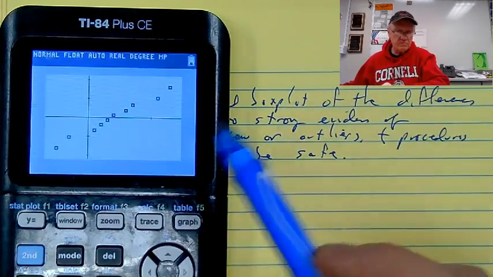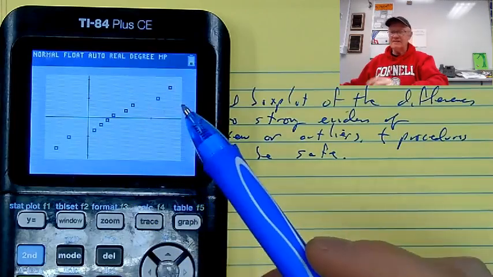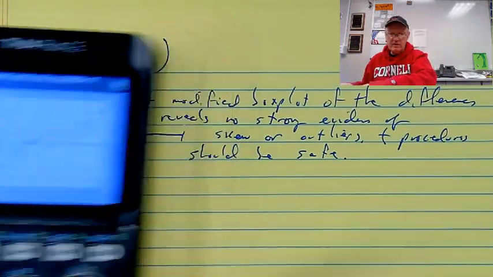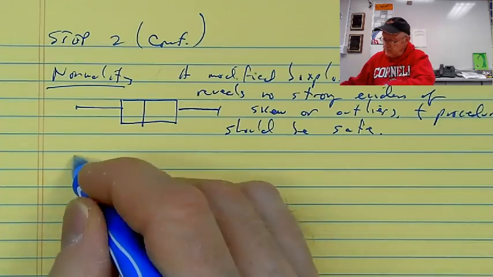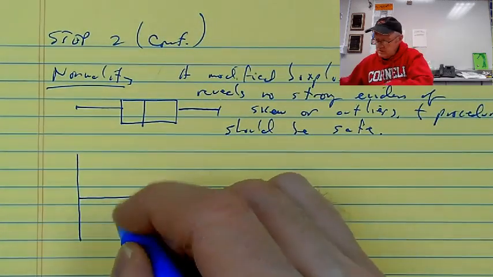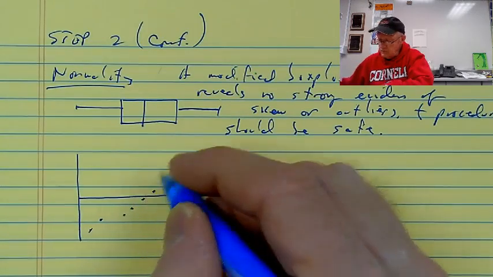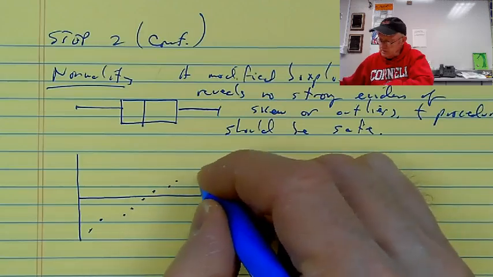This is not bad. Again, you almost couldn't ask for better. I'm going to put a sketch of that also. So I'm just sketching this, 1, 2, 3, 4, 5, 6, and then there's a little jog like that.